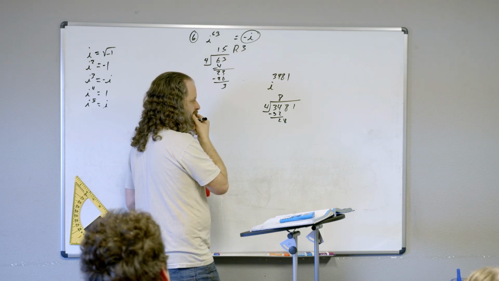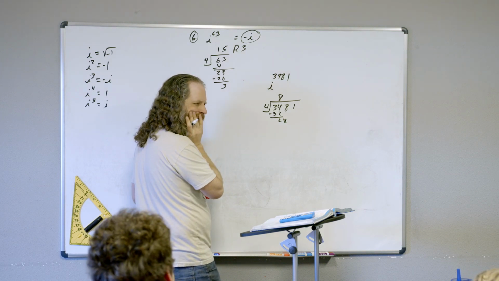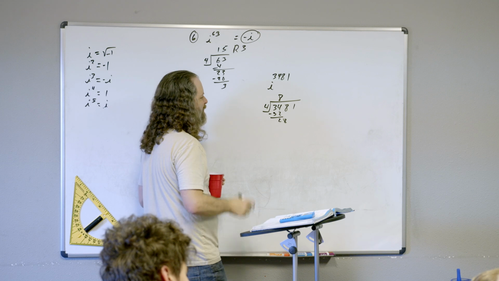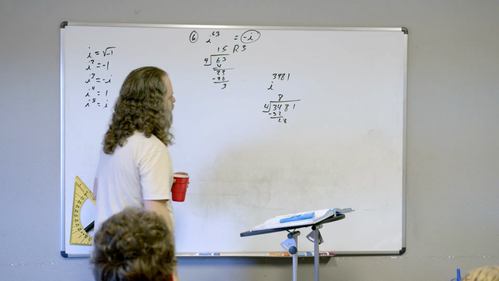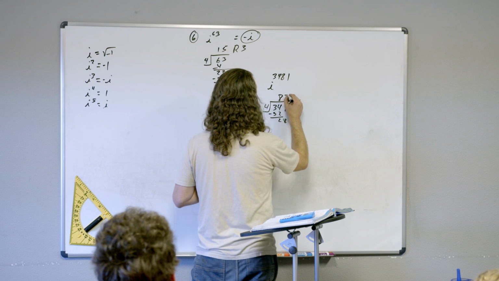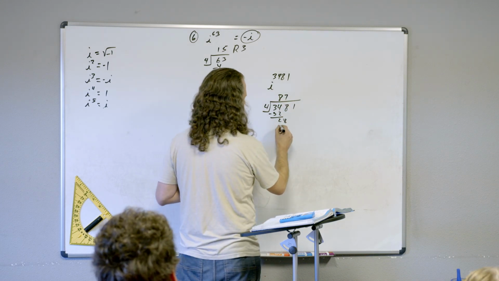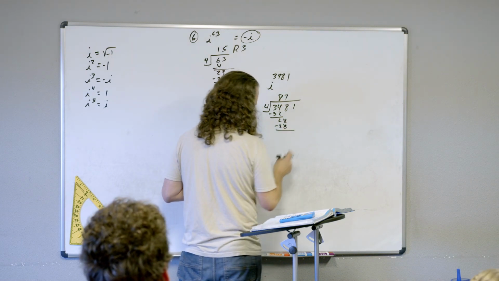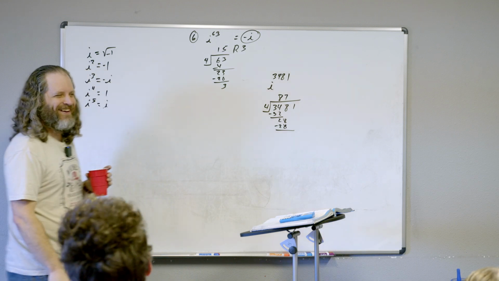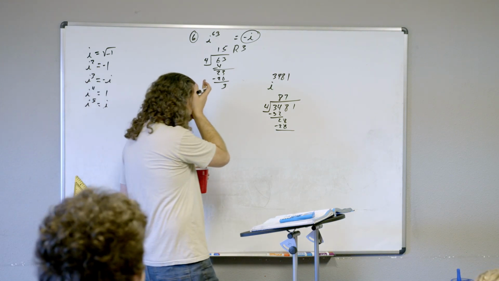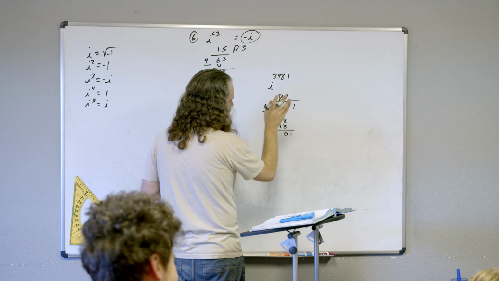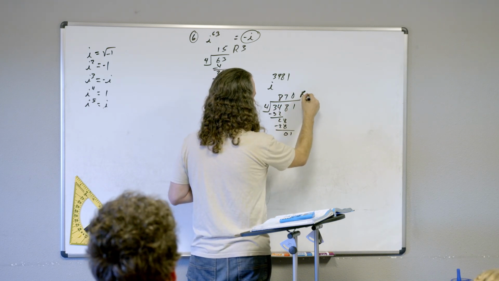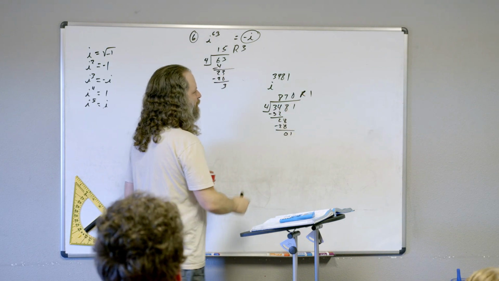If you bring down the 8, how many times? How about 7? Yeah, because 7 times 4 is 28. We're all in the same boat, guys. 4 goes into 1 zero times, and we have a remainder of 1. So what would this equal?